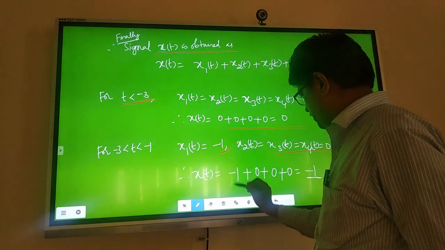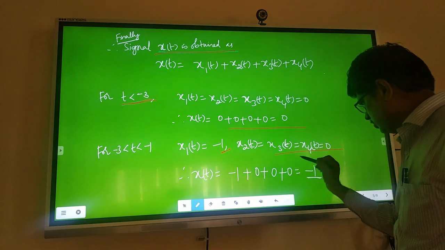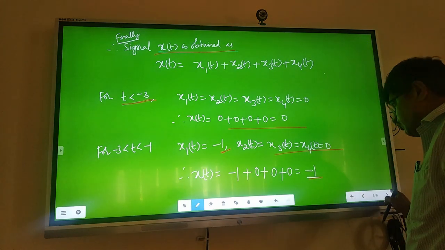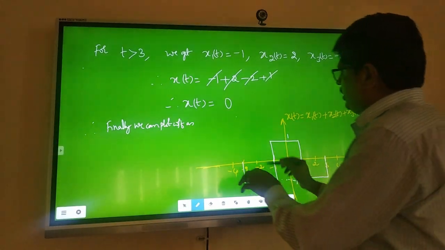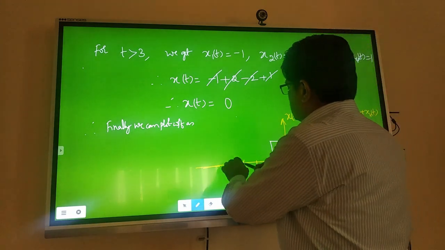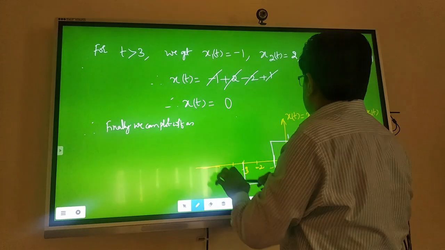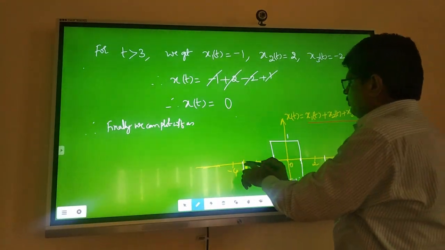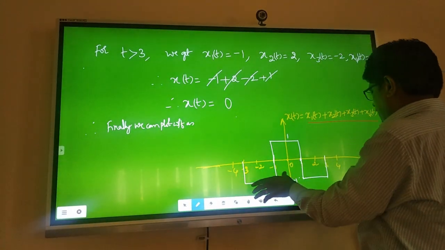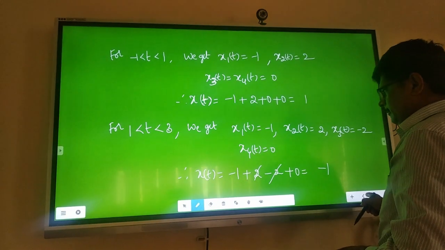Therefore x(t) is equal to minus 1 plus 0 plus 0 plus 0, which is equal to minus 1. Also plot the final values. Minus 3 onwards, nothing is there in the final x(t). Between minus 3 and minus 1, its value is minus 1.